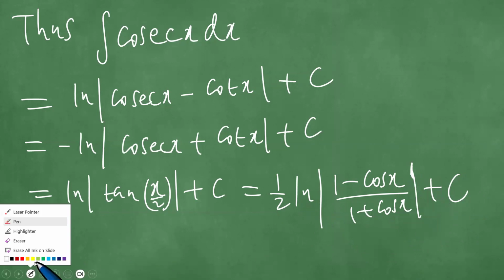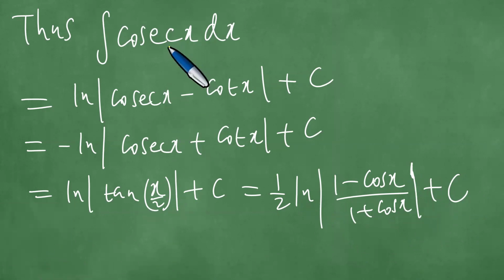So in other words, the integral of the cosecant of x is the same as the natural log of the cosecant of x minus the cotangent of x plus c. Or it is minus the natural log of the cosecant of x plus the cotangent of x plus c. Or the integral is also the same as the natural log of the tangent of x over 2 within the modulus sign plus c.